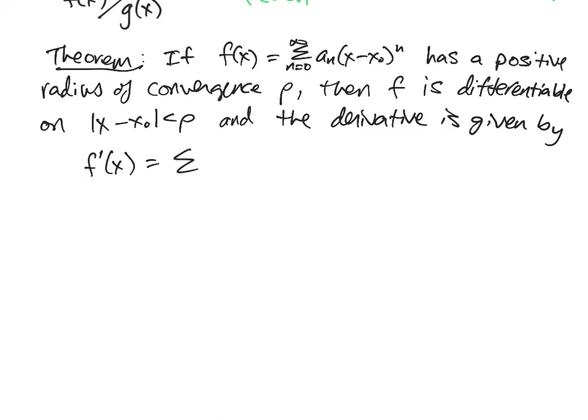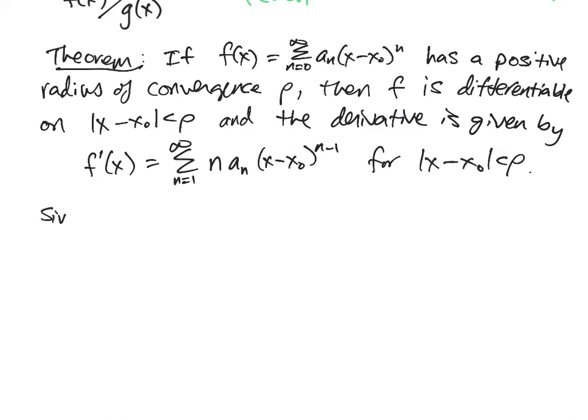So the first term, the n equals 0 term, goes away because it's constant. And so you get the sum from n equals 1 to infinity. Bring the n down, leave the a n the same, x minus x naught to the n minus 1. And that's for any x in our radius of convergence.